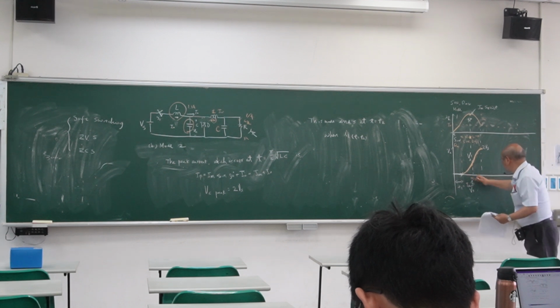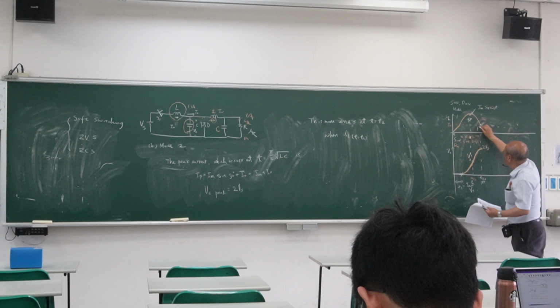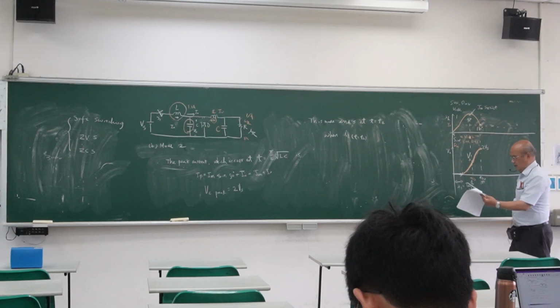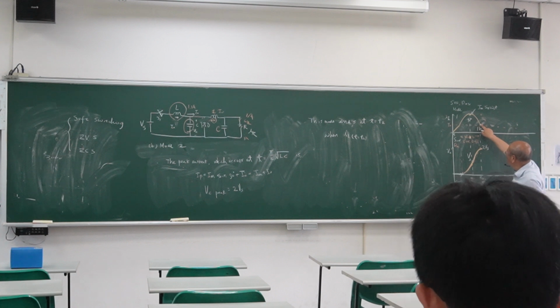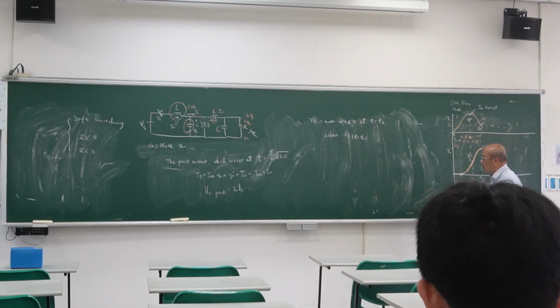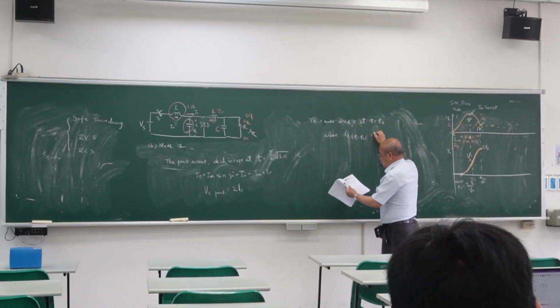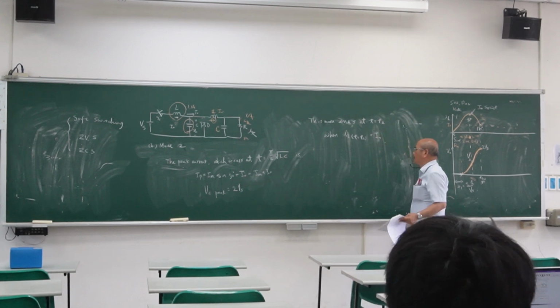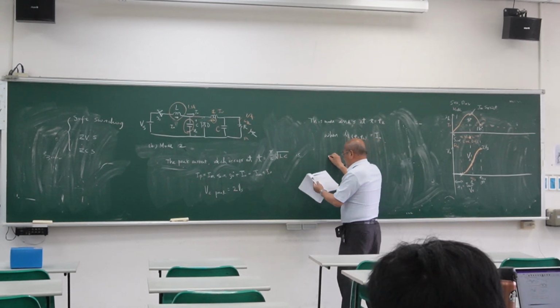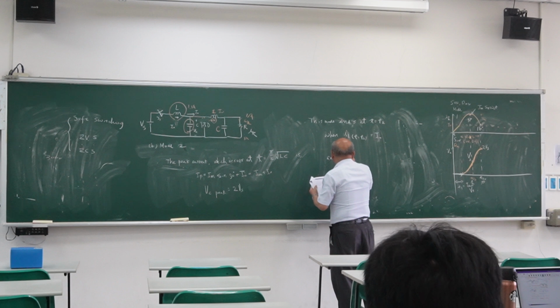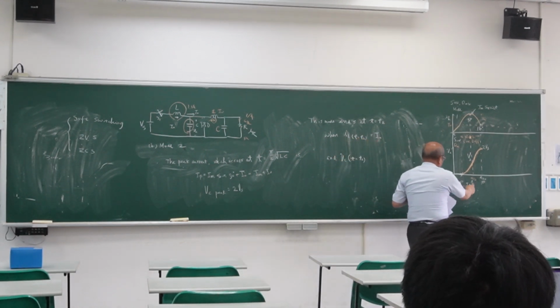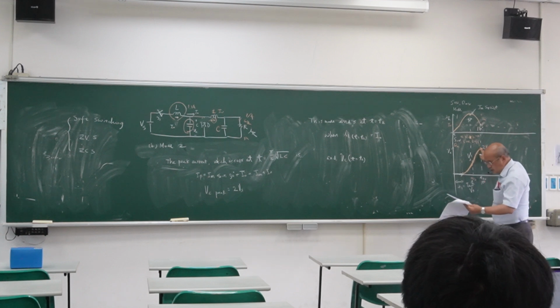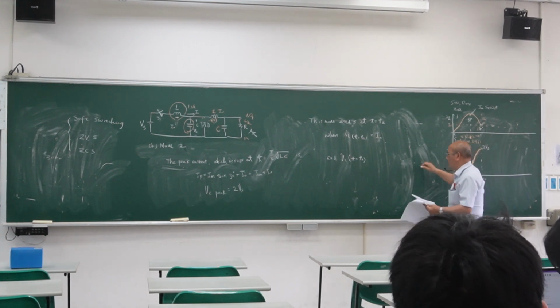So this is t2. And here, t2 is when we reach 180 degree. If we reach t2, what happened? IL is equal to I0. And VC at t equal to t2, at that point, VC is equal to 2Vs.